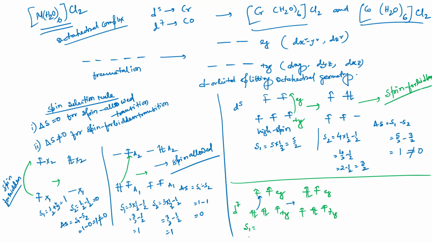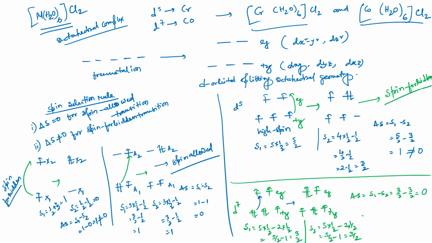In the first case, S1, the spin of this configuration: how many positive half electrons? 5. And how many negative half electrons? 2. So the value is 5 by 2 minus 1, that is 3 by 2. Here S2 value is again: how many positive half electrons? 5. And how many negative half electrons? 2. So 5 by 2 minus 1, 3 by 2. So delta S equals S1 minus S2, 3 by 2 minus 3 by 2, 0.